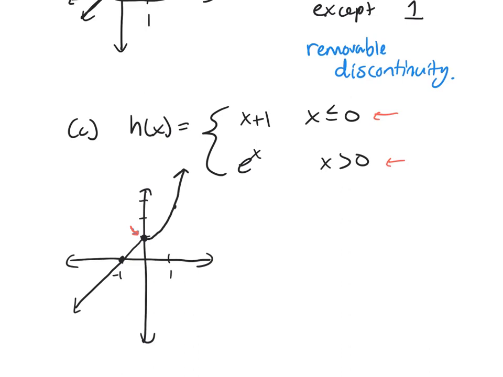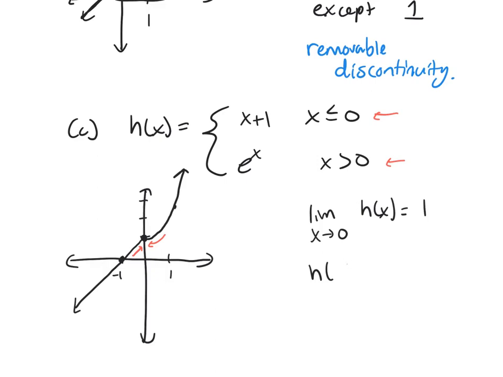Is that continuous? So if I look at the limit as x goes to 0 of h of x, what would the limit be? Well, as I approach on the left, I get 1. As I approach now from the right, I also get 1. So the limit would be 1. And what is h of 0 equal to?